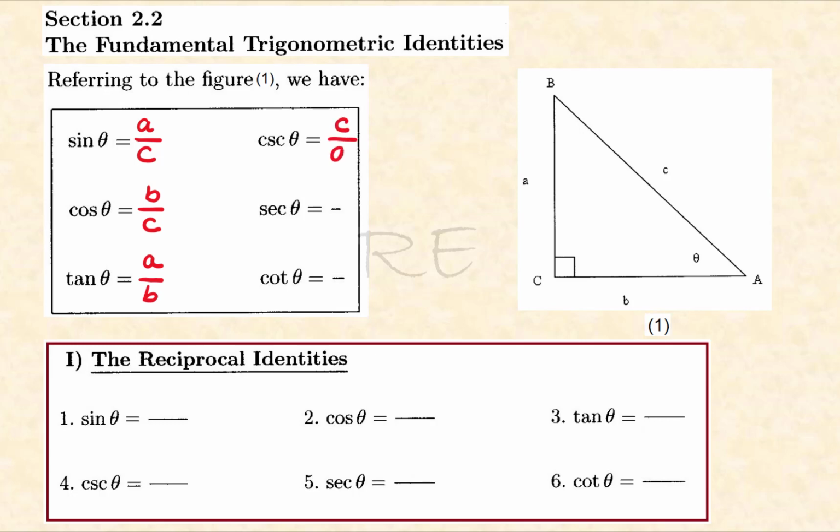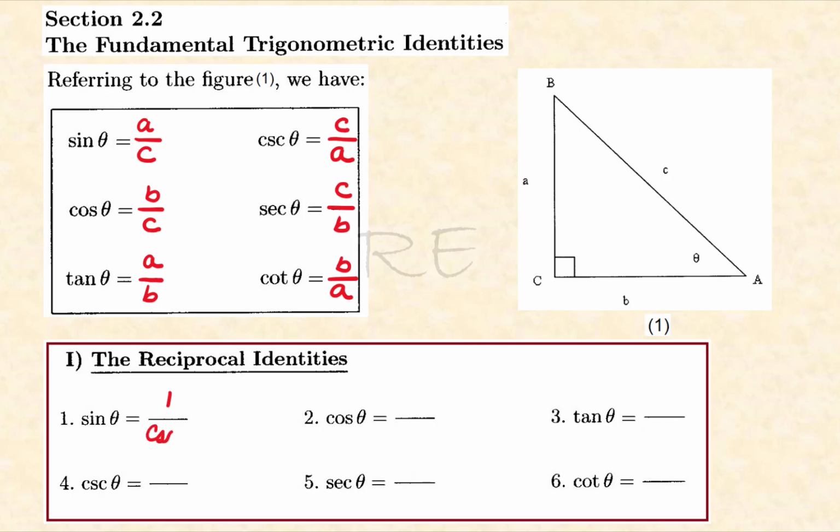Similarly, we'll take the reciprocal of sine for cosecant, C over A, the reciprocal of cosine for secant, C over B, and the reciprocal of tangent for cotangent, B over A. Thus, we find the reciprocal identities.